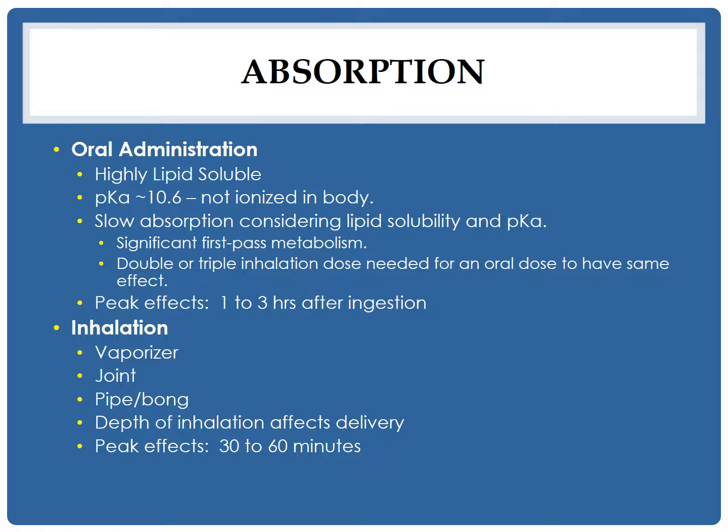And because of that, the oral dose must be doubled or even tripled to have the same effect that inhaling would have. Typically, the peak effects with oral administration are a few hours after it's taken, 1 to 3 hours after ingestion. Inhalation is generally much more efficient.